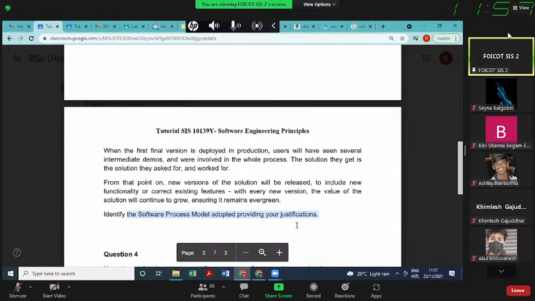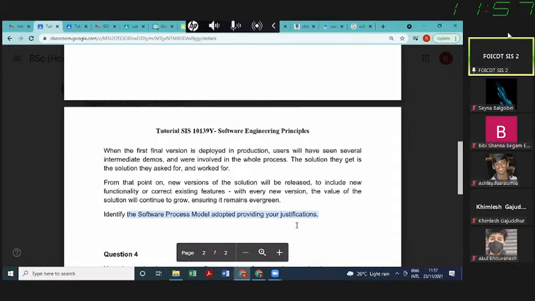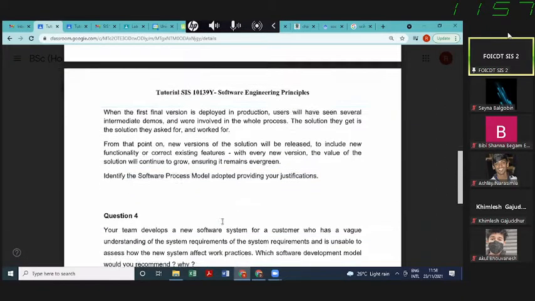It's not agile, because we don't see concepts of sprint, stories, Scrum. It's not waterfall, definitely, because there are intermediate demos, and waterfall does not involve customers. So proceeding by elimination, it's incremental prototyping.